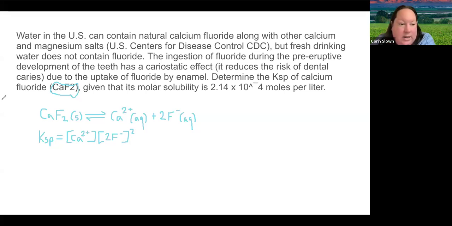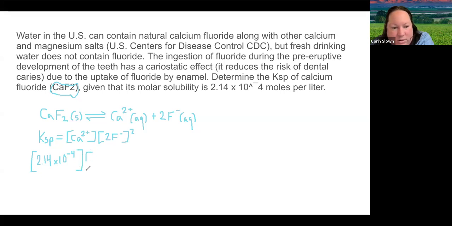Okay, so if we think about that, it's a 1-to-1 molar ratio between our calcium fluoride and our calcium 2 plus ion, but there's a 1-to-2 molar ratio between our calcium fluoride and our F minus. So if we want to think about this value, then 2.14 is our molar solubility times 10 to the negative 4. So that's our calcium. Put square brackets around that.